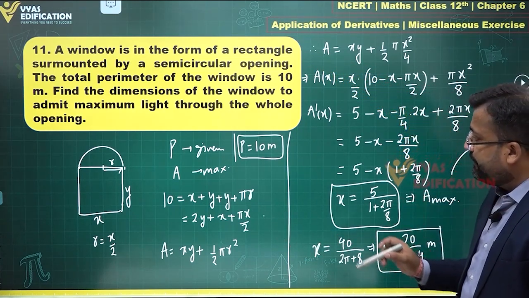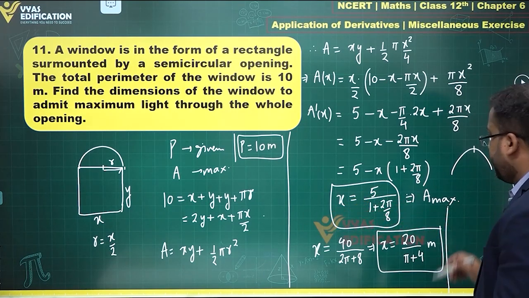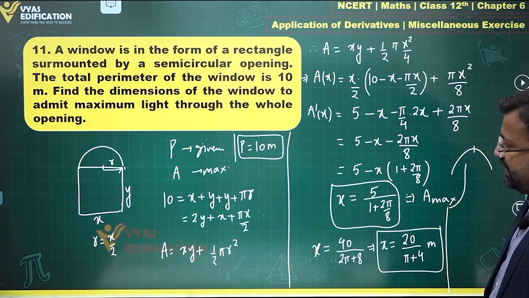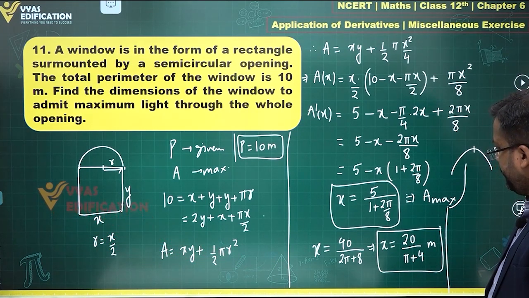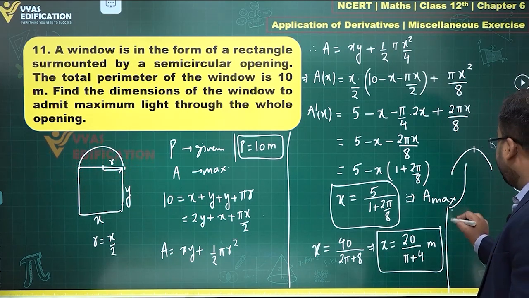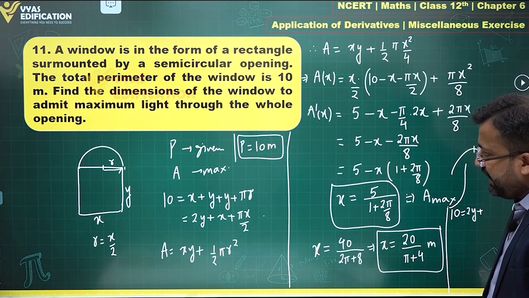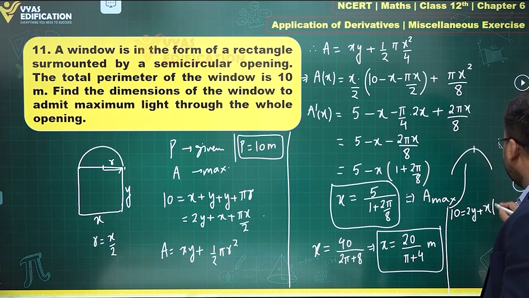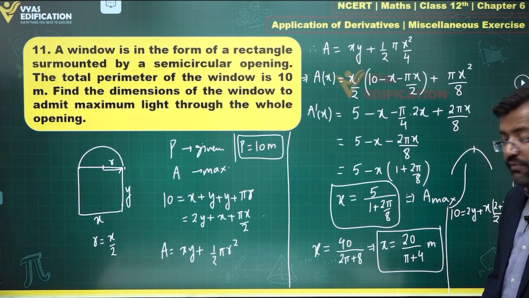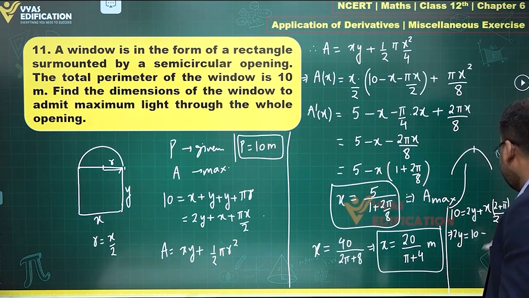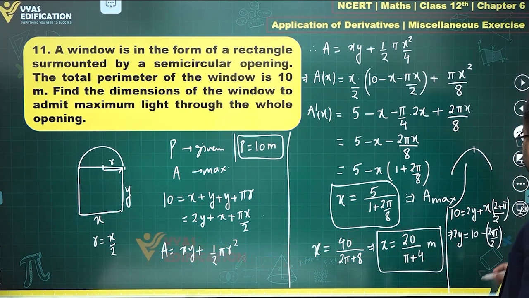So let's calculate y. x is already there, 20 upon pi plus 4. 10 is equal to 2y plus, let's take the LCM, 2 plus pi upon 2 times x. This tells me that 2y will be equal to 10 minus 2 plus pi upon 2 times x, where x is 20 upon pi plus 4.